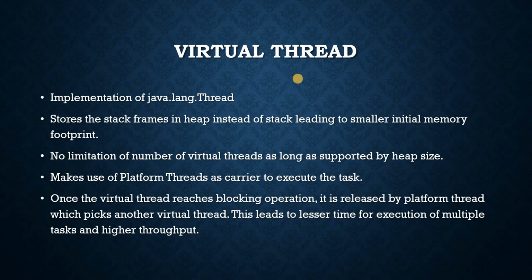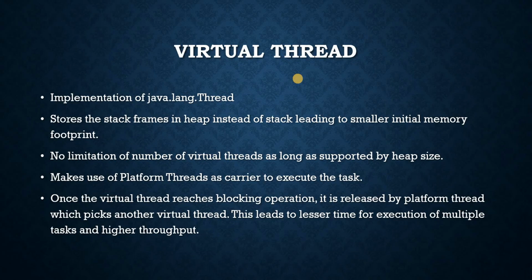Once the task which we assign to the virtual threads has to be executed, virtual threads make use of the platform threads as carriers to execute those tasks. And the virtual thread gets mounted on the platform thread to execute that task.